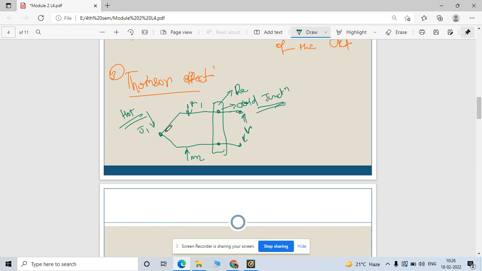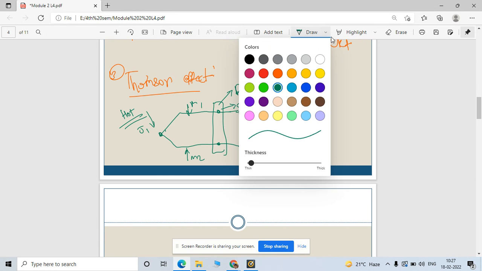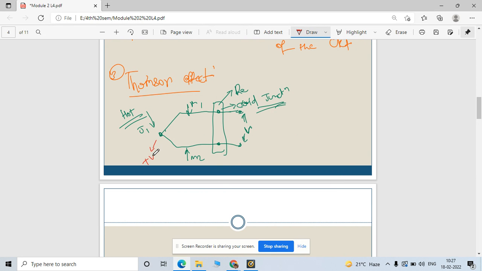Due to the hot temperature, the electrons flow to the cold junction. So this junction becomes positive and this becomes negative. Such a condition also arises at the different parts of the metals.